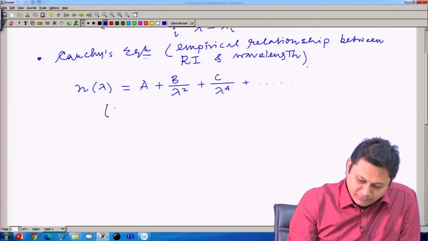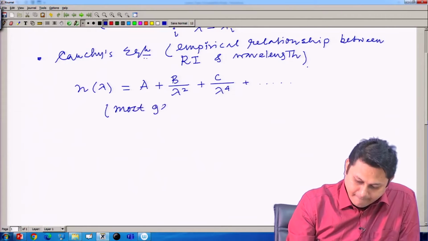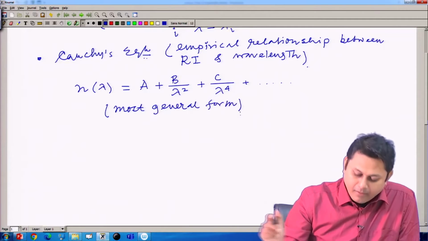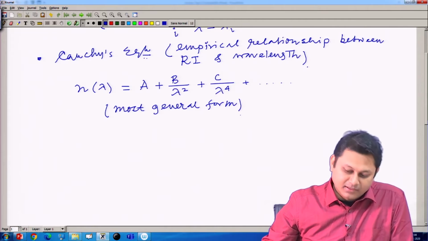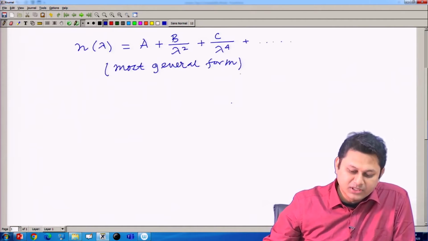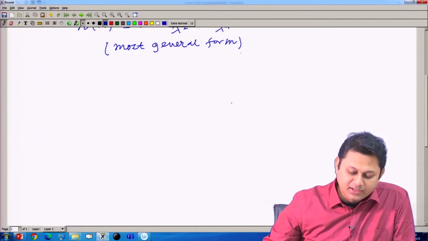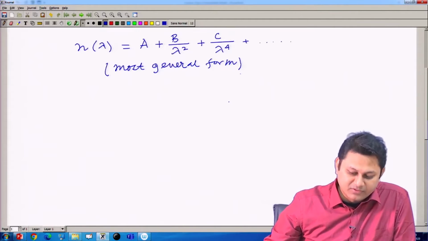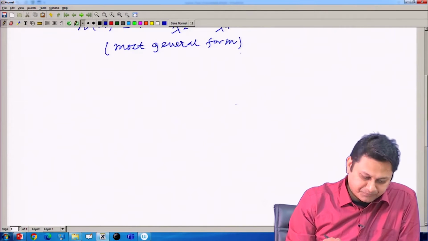This is the most general form, and A, B, C are the Cauchy's constants. In a few experiments we determine these constants, and then we know how the refractive index varies with respect to lambda. We have the explicit form.